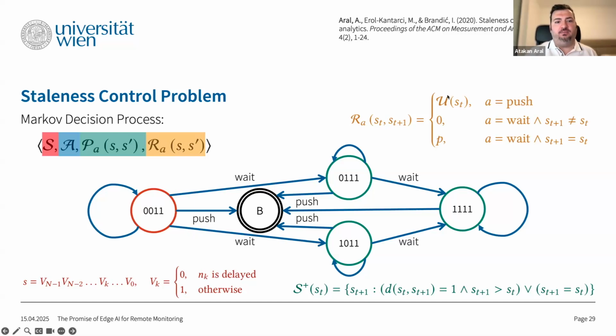And this reward function is directly proportional to the amount of data and the variety of the accumulated data so far. And it is inversely proportional to the time elapsed.